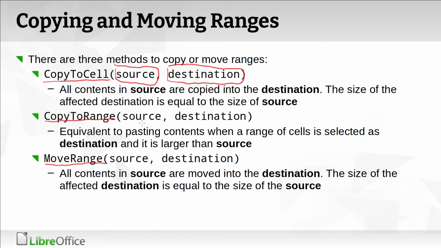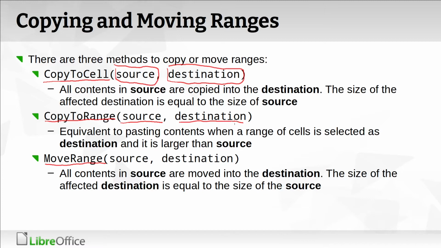In CopyToRange, it also asks for a source and a destination, but it works differently. CopyToRange is the same as when you copy a source and paste it into a larger destination than the source. And then MoveRange is the same as CopyToCell, but we move instead of copy.